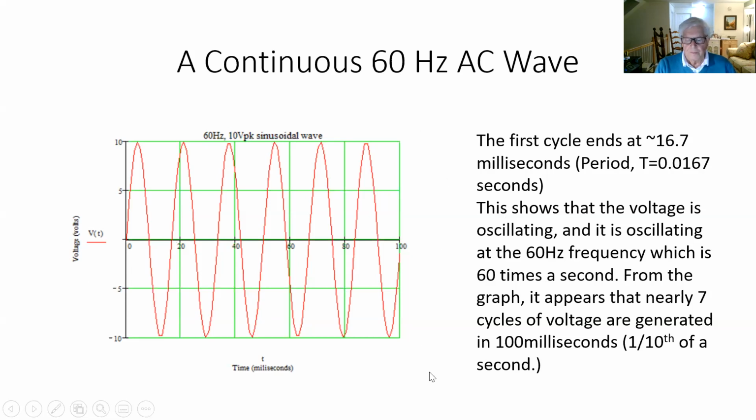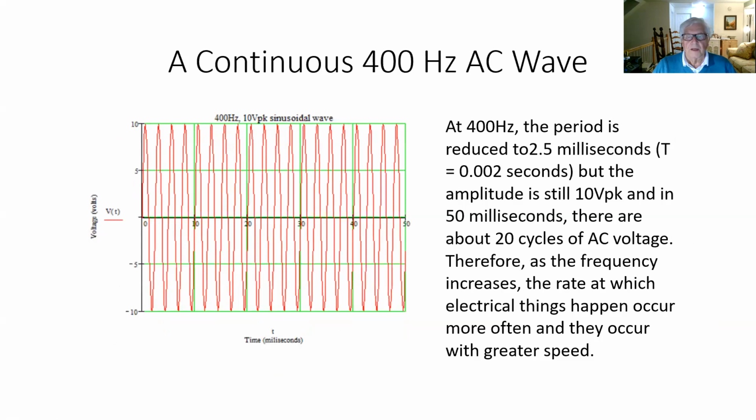So if we look at a higher frequency, now 400 hertz, or 400 cycles per second, current is often available in aircraft. I'm not sure if it's available in submarines, but in aircraft, definitely 400 hertz is what the AC signals are on an airplane.